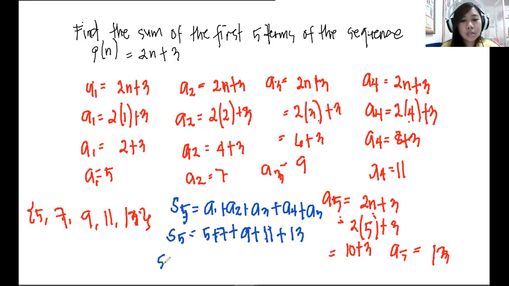Okay, so add po natin lahat for us to find the sum of the sequence. 5 plus 7 is 12. 12 plus 9 is 21. 21 plus 11 is 32. 32 plus 13 is equal to 45. So the sum of the first 5 terms is 45.